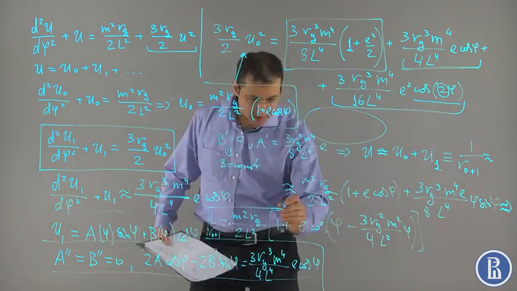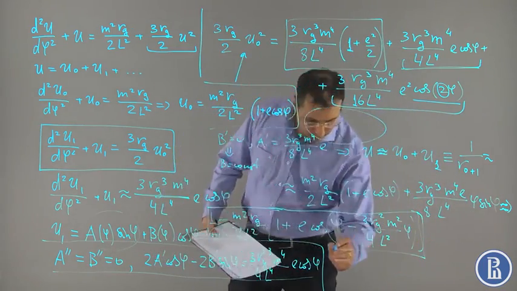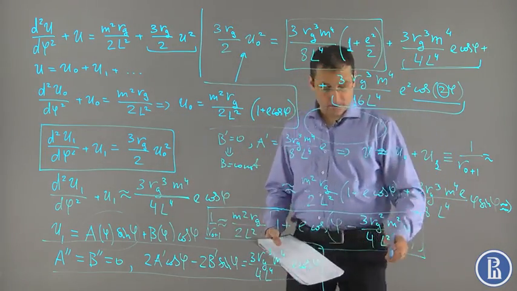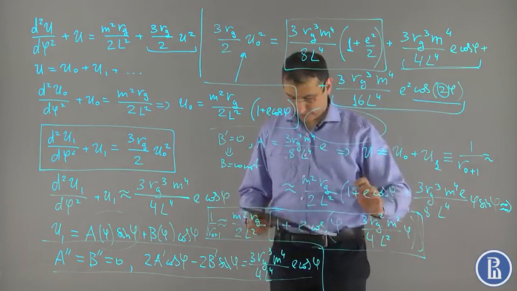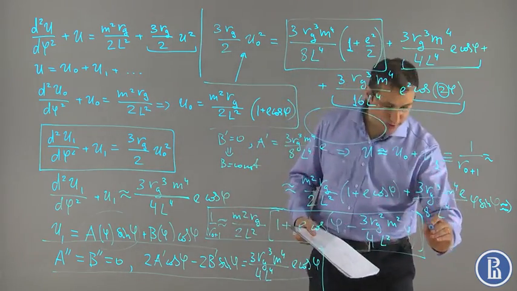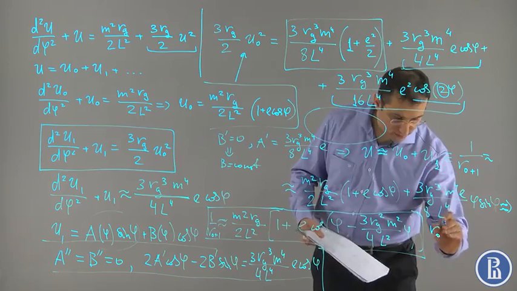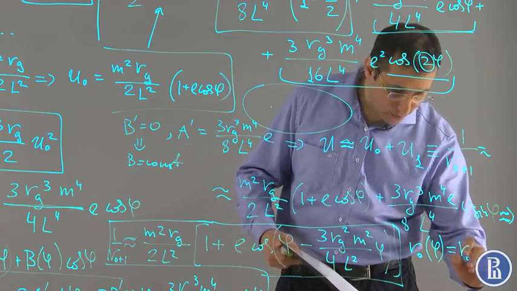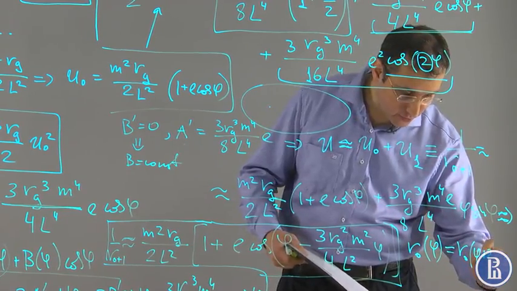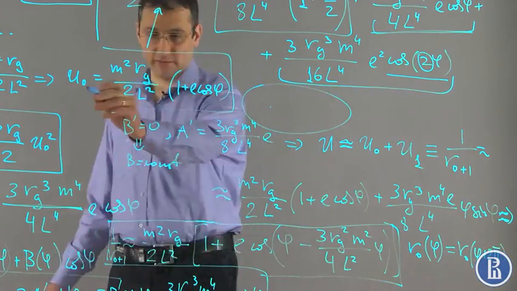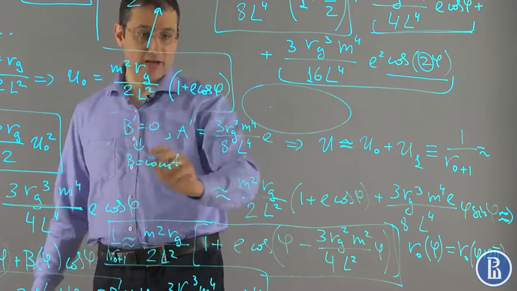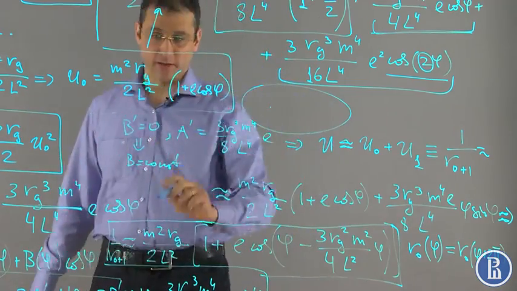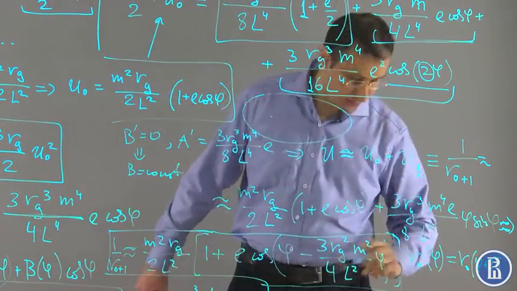But when we have written this correction in this form, we can make the following observation. Before this correction, the trajectory was closed. It was R0 at phi equal to R0 at phi plus 2 pi. Well, that's easy to see from this expression: U0 at phi is equal to U0 at phi plus 2 pi. So R0 is closed.